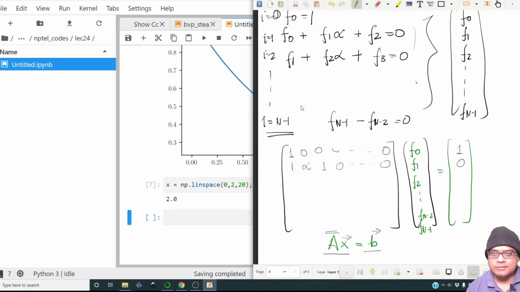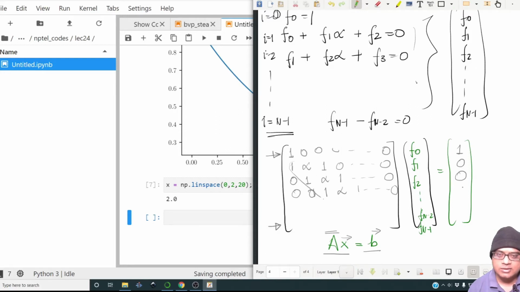Over here there is no f0, so this becomes 0, 1, alpha, 1, and everything else is going to be 0. Again, 0, 0, 1, alpha, 1, 0. So this continues on. Apart from the first row and the last row, this keeps on continuing.